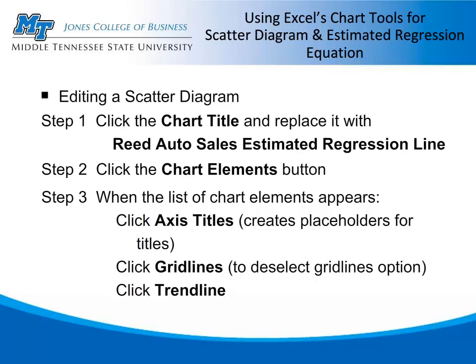Just click on that plus, and that lets you go after the different elements inside a chart. You just put a check mark in there for axis titles, and you'll get two placeholders for those. There's one for the vertical axis and one for the horizontal axis. By clicking on grid lines, it removes them. And then click on trend line, it will add a trend line to the graph.